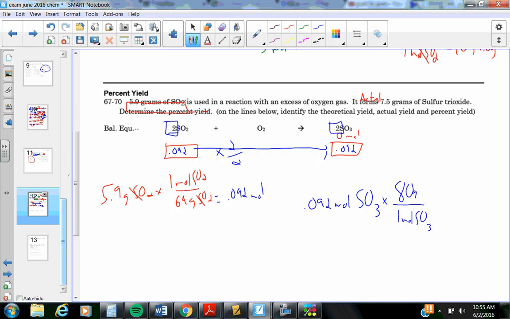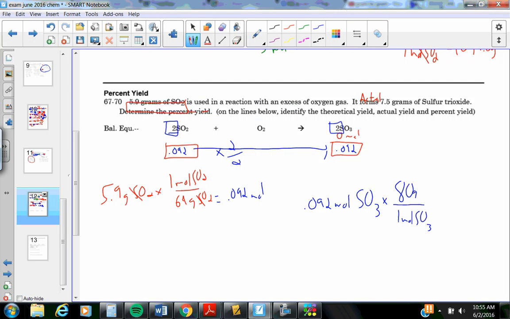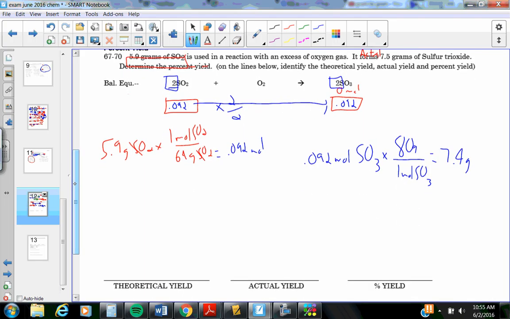It's 3 oxygens and a sulfur. 0.092 times 80, when I round, is 7.4 grams.